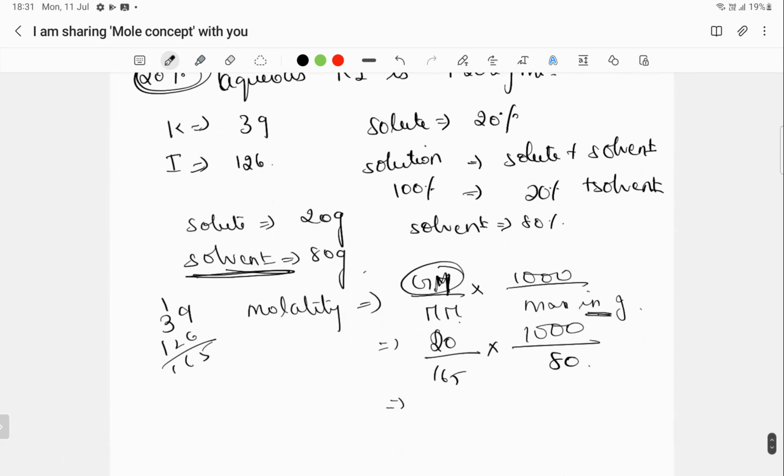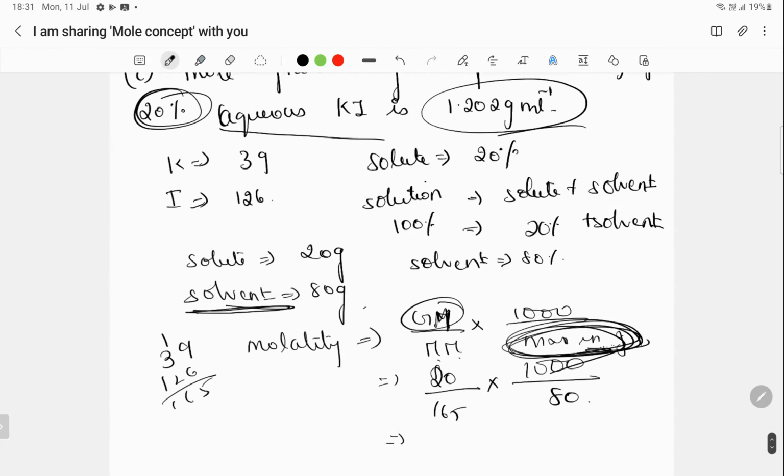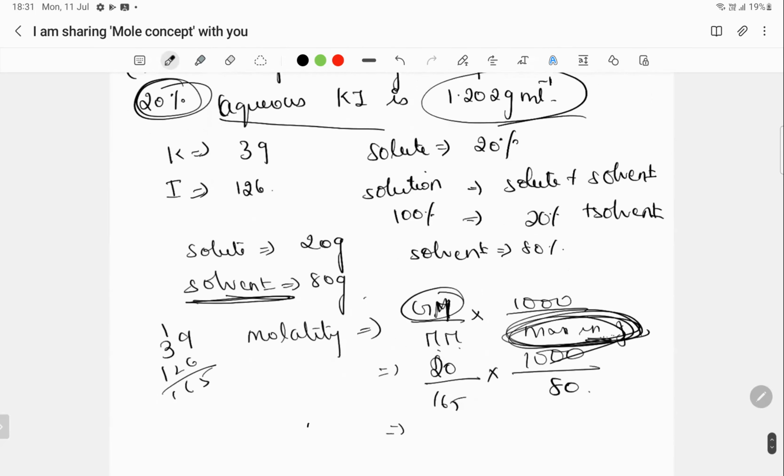Before getting into molarity: given mass by molar mass into 1000 divided by, here solvent does not come. What comes? Given volume of the solution in milliliters. Remember in the last class we did density. They have given density 1.202 gram per milliliter, mass divided by volume.